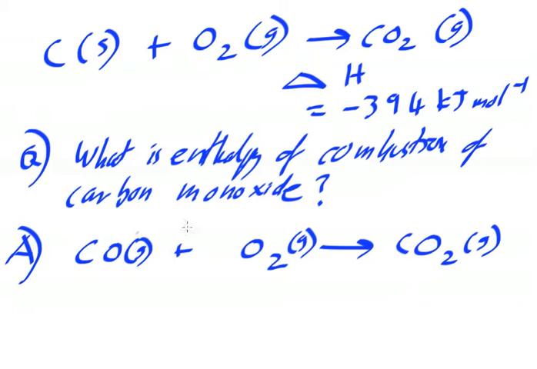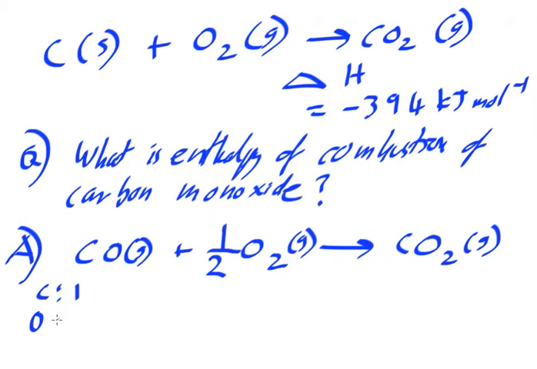I've got the same number of C's on both sides, one there and one there, but my oxygen on the right hand side is 2, and the oxygen on the left hand side is 1, 2, 3. So I'm going to fix this by putting a half in there, and that means that on the left hand side I'm going to have C is 1 and oxygen is 1.